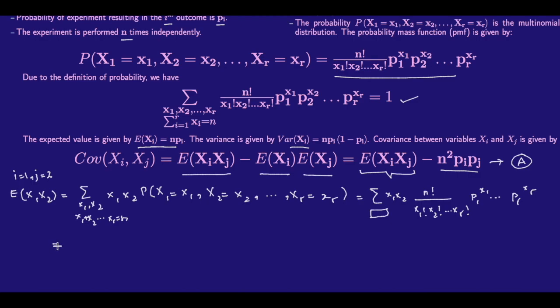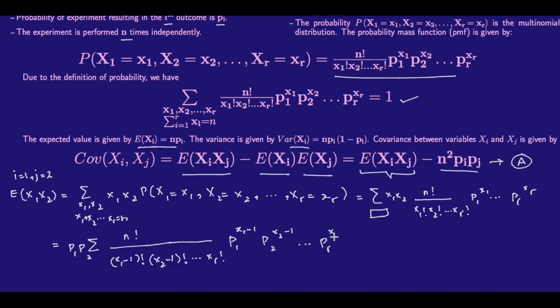So we have n factorial divided by x1 minus 1 factorial, x2 minus 1 factorial, and up to xr factorial, times p1 to the x1 minus 1 with one p1 outside, and p2 to the x2 minus 1 with one p2 outside, and then just pr to the xr.